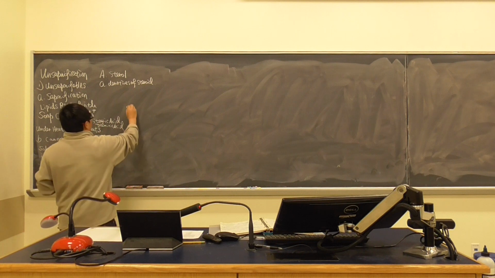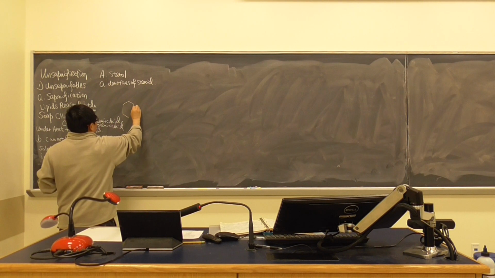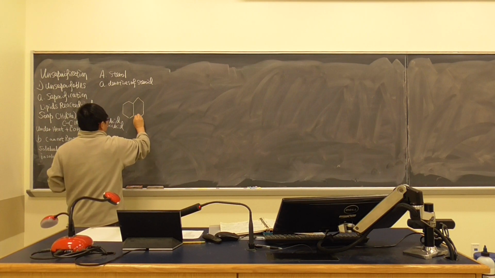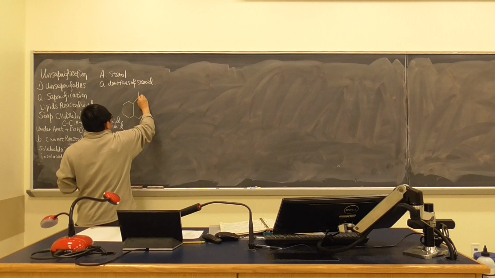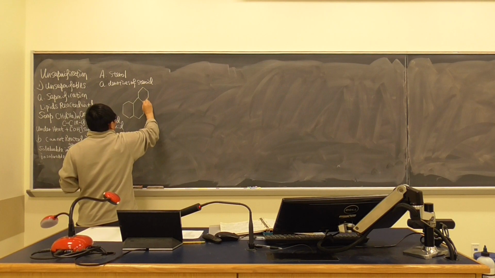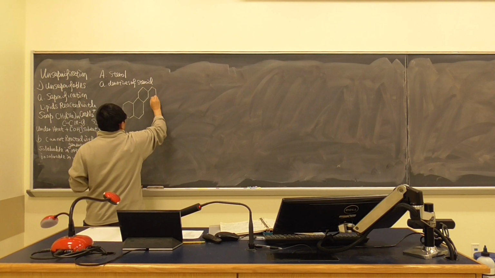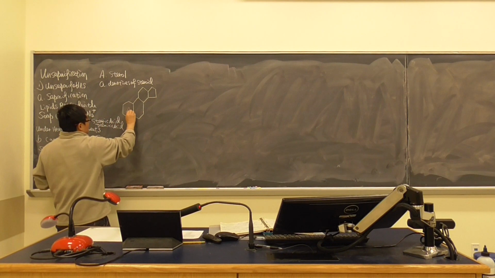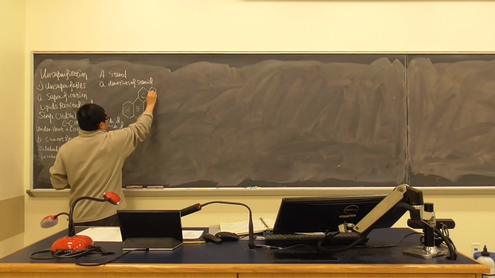The structure is very unique. You have a 6-carbon ring, another 6-carbon ring, and then another 6-carbon ring, and then you have a 5-carbon ring. That's the basic structure. It looks like A, B, C, D.